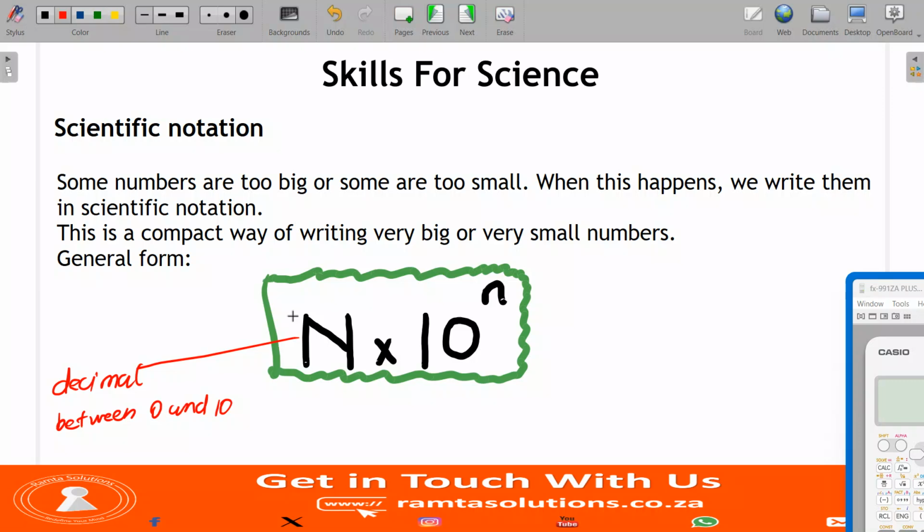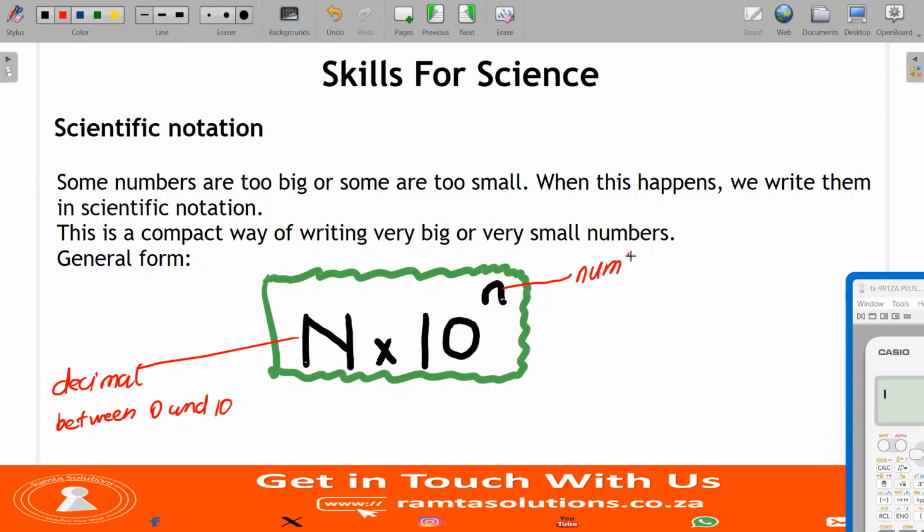You're going to see that. And then this small n will be the number of times a decimal has been moved.